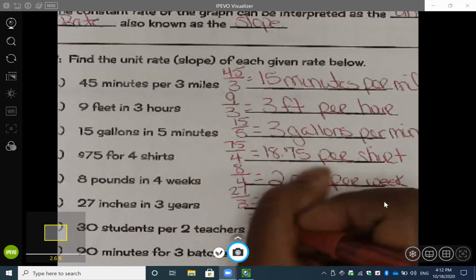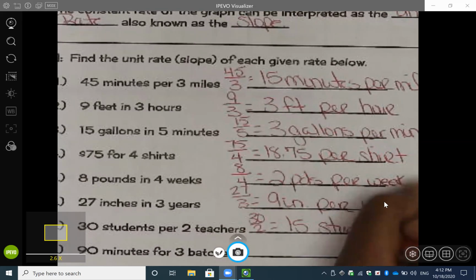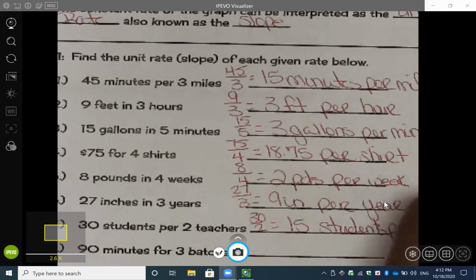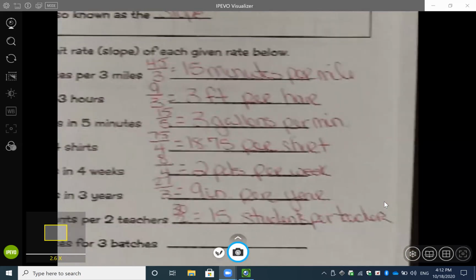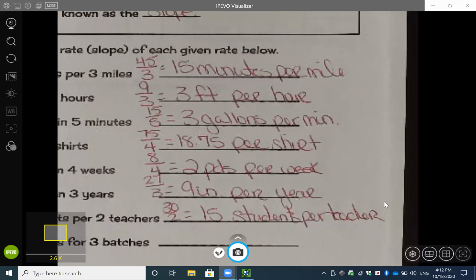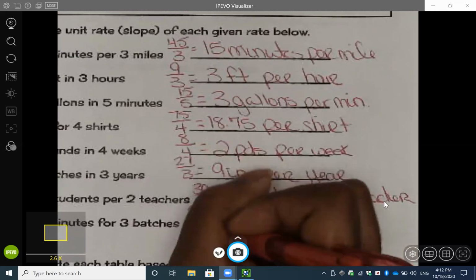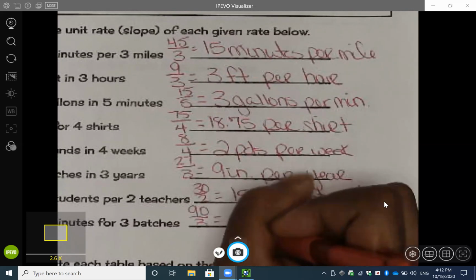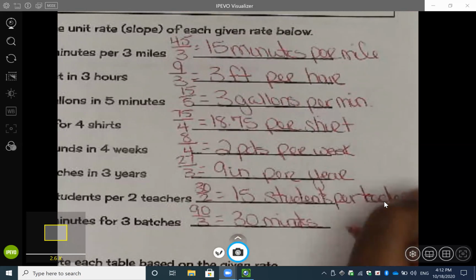So 30 divided by 2 is 15 students per teacher. 90 minutes for 3 batches is 30 minutes per batch.